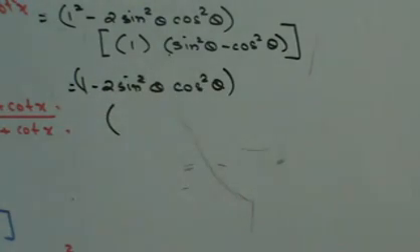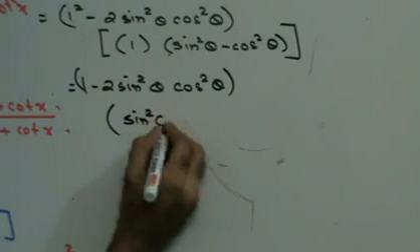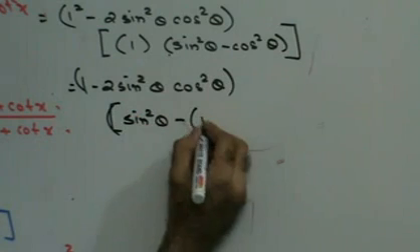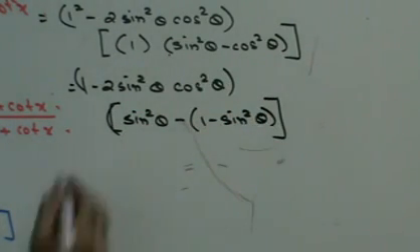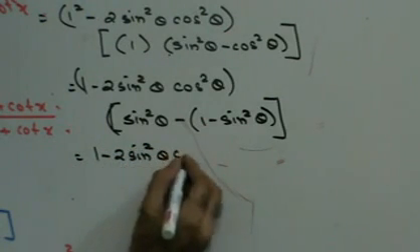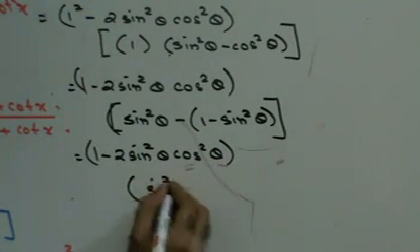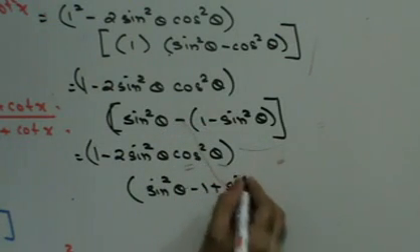The second bracket is sin square theta minus cos square theta, which can be written as sin square theta minus 1 minus sin square theta. So this will give you 1 minus 2 sin square theta cos square theta. Open the bracket. This will be sin square theta minus 1 plus sin square theta.